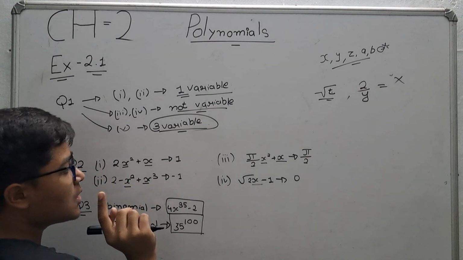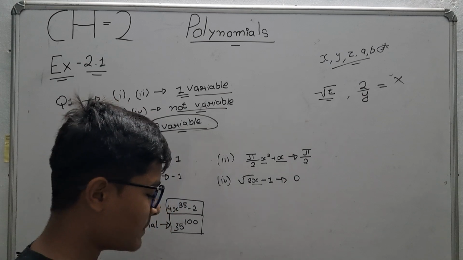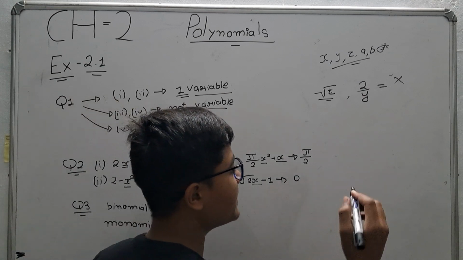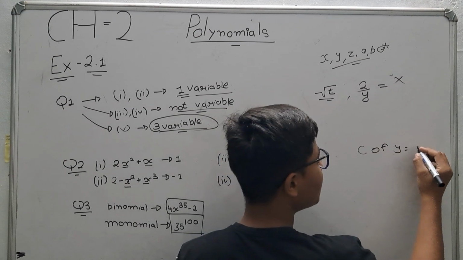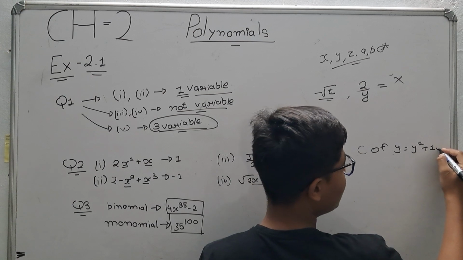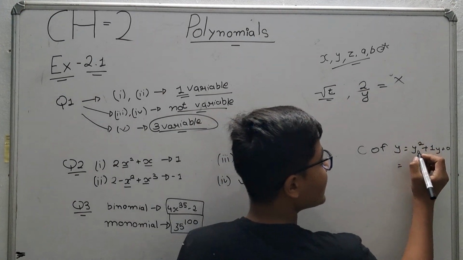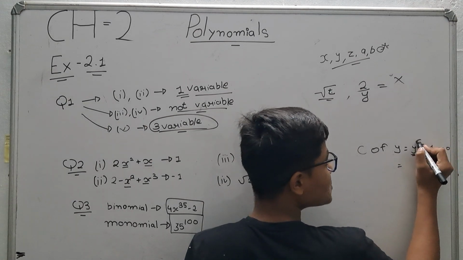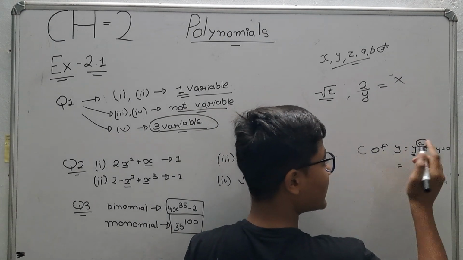In question number 2 we have to find the coefficient. What is meant by coefficient? If they ask for the coefficient of y, and you are given the expression y square plus 1y plus 0, what will be the coefficient? Here y is present, but square is also there, and the square is a part of y, so we will not count that.